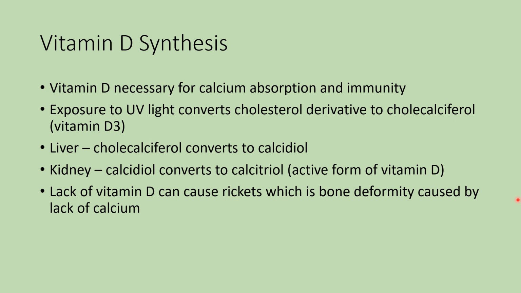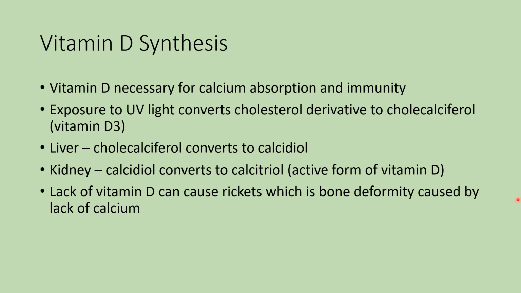So how does this involve the skin? Well, there is a precursor to vitamin D that's found in the skin, and it's made from cholesterol. So you start with cholesterol, you add different other chemicals to it. So when UV light hits your skin, it converts this cholesterol derivative to cholecalciferol, which is known as vitamin D3.